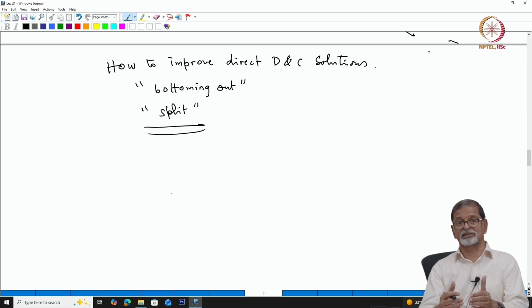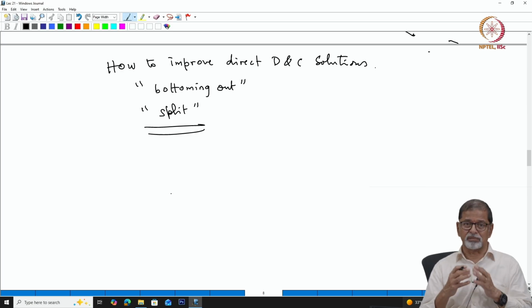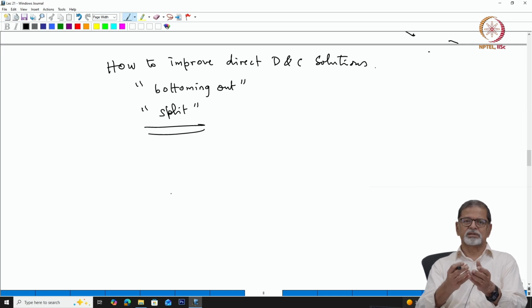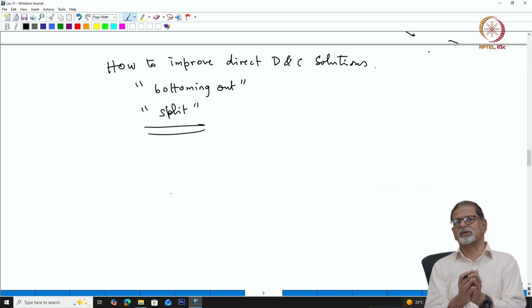These are two important ways in which you can see whether a divide and conquer algorithm can be improved. The next one is, can we divide into several subproblems, more than 2, not necessarily 2. These are all the tips for working with dividing the problem into 2 subproblems.